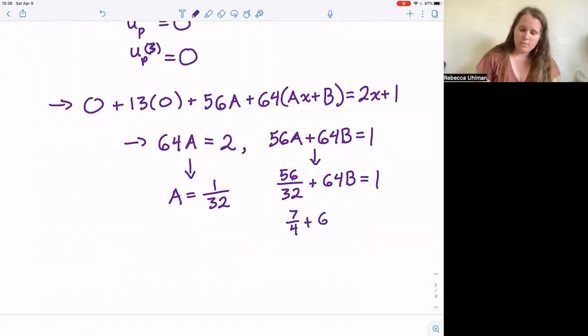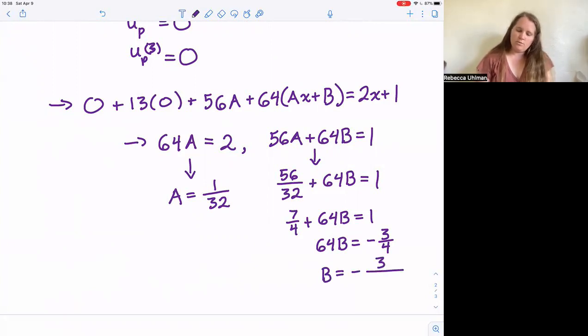So we have 7/4 plus 64b is equal to 1. That means 64b is equal to negative 3/4, and we get that b is equal to negative 3 over 4 times 64. We are looking at 256.